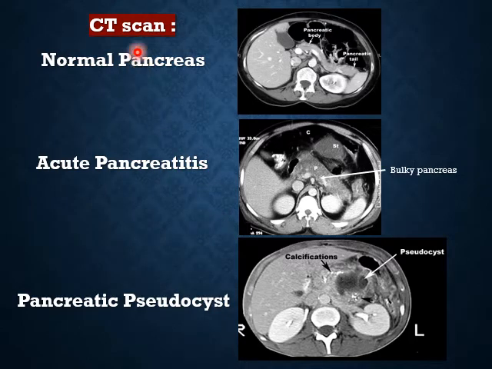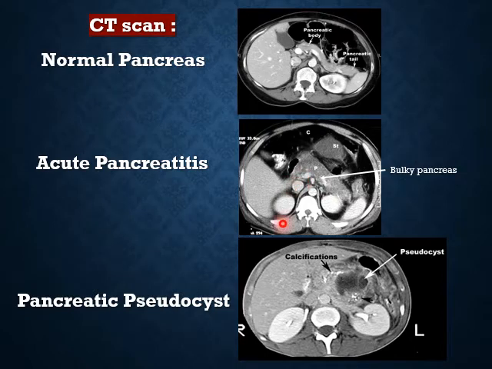These are different CT scans. Normally you can see here a normal pancreas, tail, body, and the head here. This is acute pancreatitis, with the gallbladder and pancreas diffusely swollen.